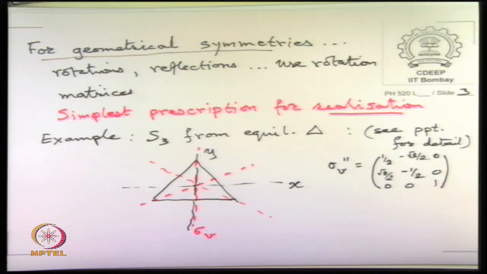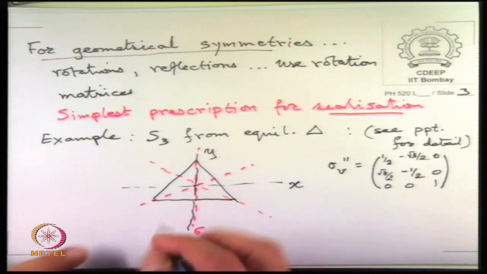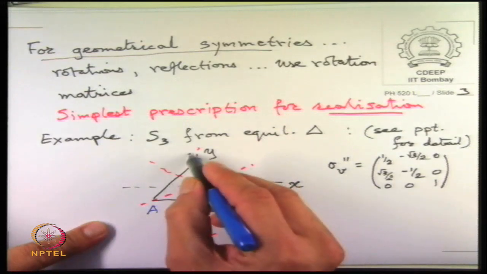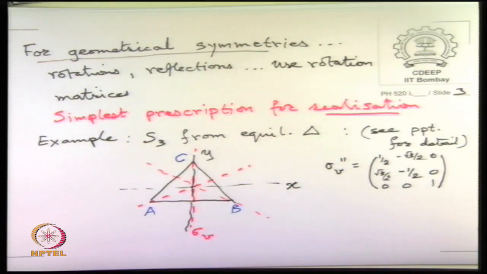So one thing is to put here a labeling for convenience, call this A, B and C. So A, B being exchanged is this. Then if you exchange C and A, is that what is sigma v double prime?